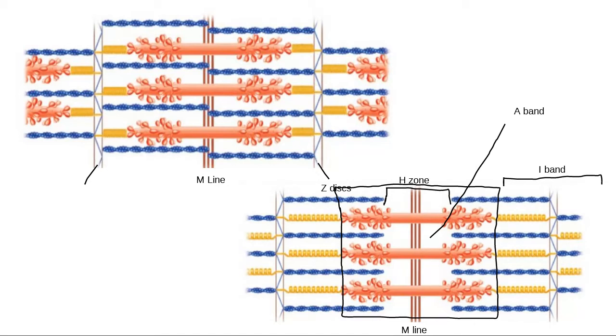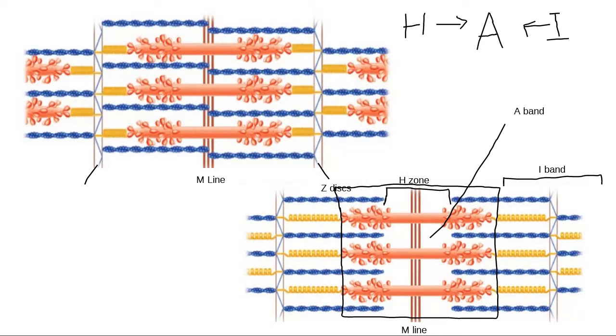Let's see if I can draw what I tried to explain in lab and didn't do a great job. So we've got our H zone where I have the thick filament. We've got the I band where I have the thin filament. If we try to cross these letters with each other, we end up with an A in the middle.